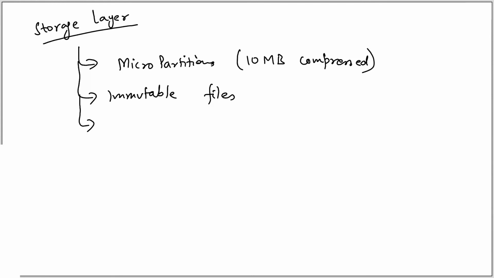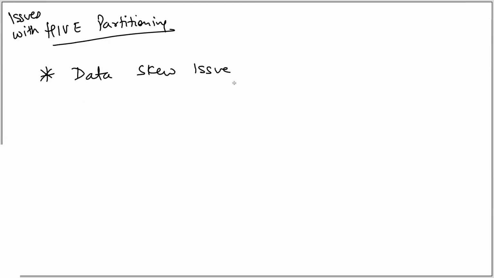I will first talk about the problems with Hive partitioning: data skew issues, right? So this is one problem. Second problem is we have to maintain it ourselves. We are responsible for maintaining partitions, right? This is another big problem. And apart from that, if your access patterns are changing, then you have to duplicate data, big data.